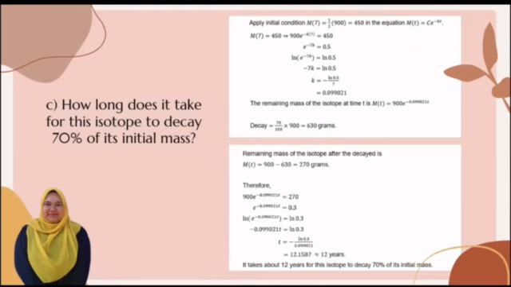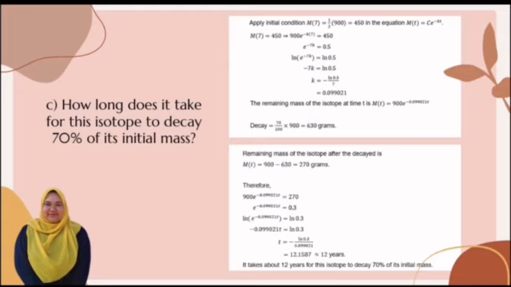So, the remaining mass of the isotope at time t is M(t) equals 900 e to the power of negative 0.099021t. Next, find the decayed mass of 70% of its initial mass by multiplying 70% with 900 and we'll get 630 gram.